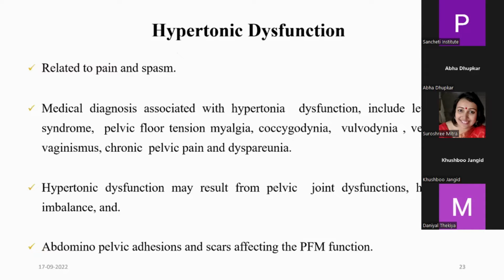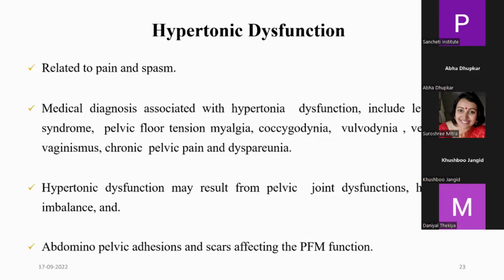The conditions associated with hypertonic dysfunction are pelvic floor tension myalgia, levator ani syndrome, coccydynia, vulvodynia, vestibulitis, vaginismus, chronic pelvic pain and dyspareunia. These are the common things which we see in the hypertonic dysfunction.